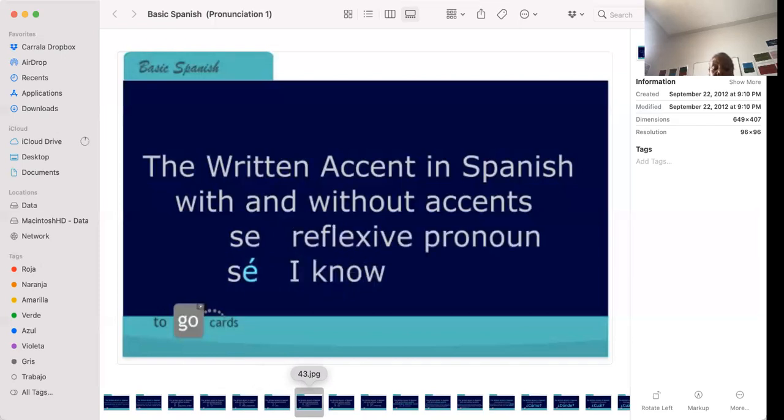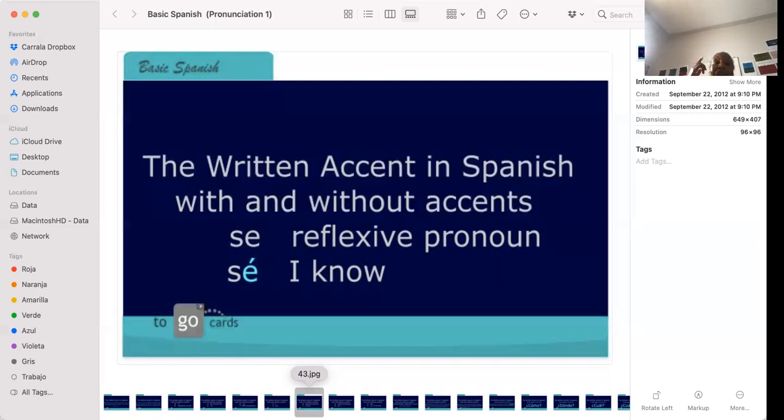Se is a reflexive pronoun without the accent. Hablarse, comerse, decirse. Let me give another example. Se habla, he talks to himself.